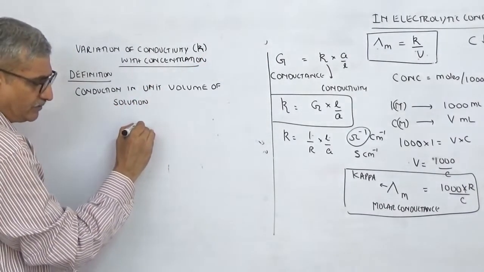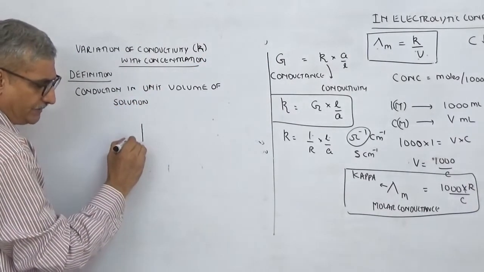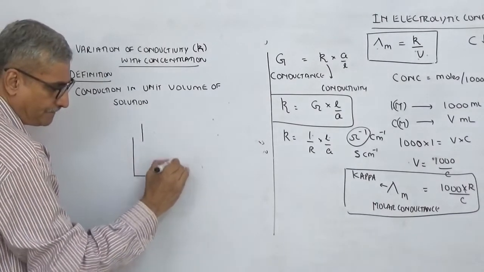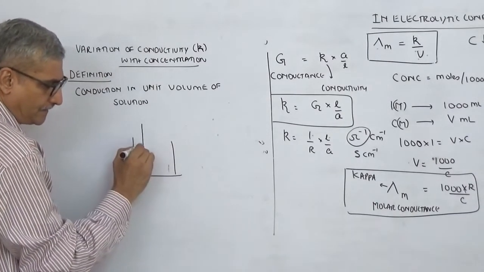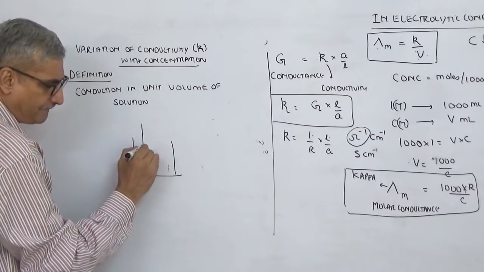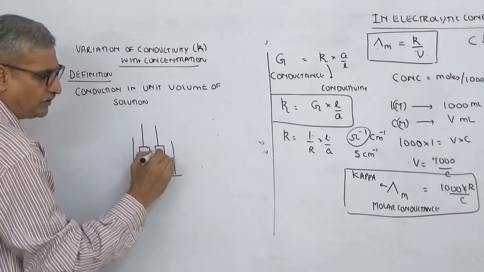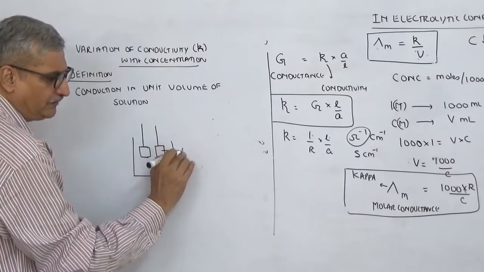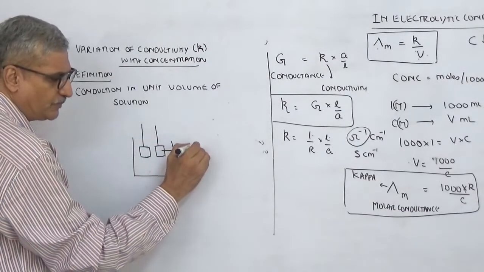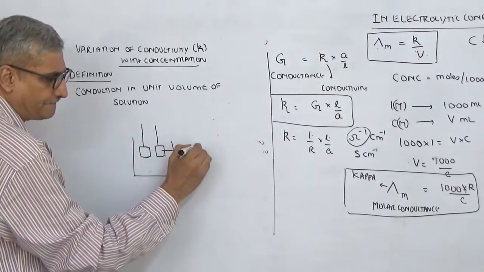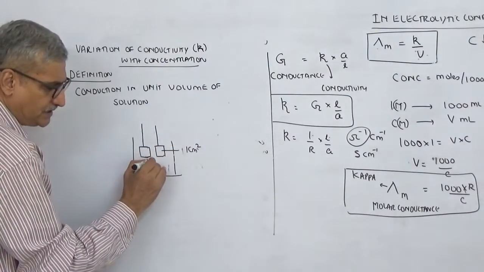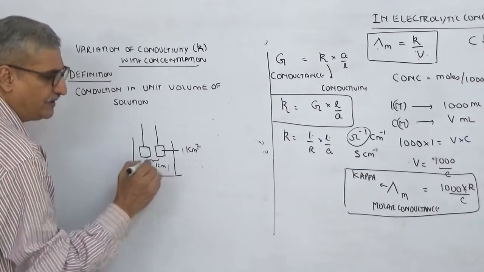See, what is it that we are doing? We are taking a beaker and placing 2 platinum rods. The area of the platinum surface is 1 centimeter square and the distance between them is 1 centimeter.